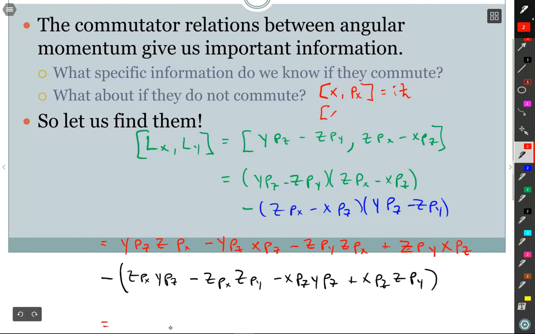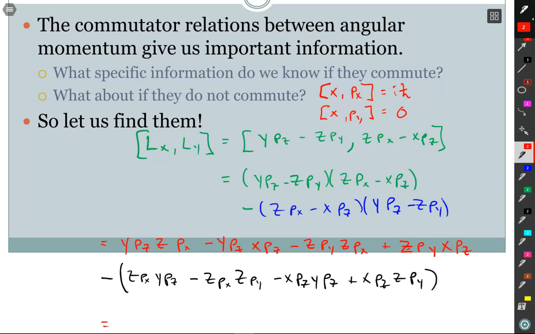And what is x py? Didn't we say that was 0? Right. So x py being 0 means I can freely move x and py past each other. But x px being i h bar means I can't just freely move them past each other.